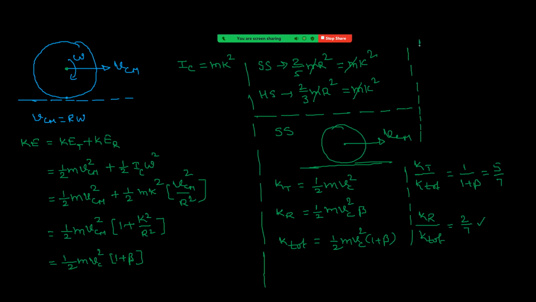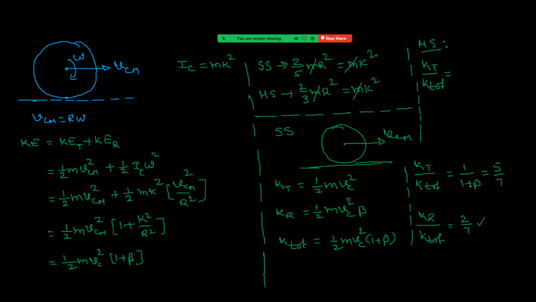For example, the question is for a hollow sphere, then what is the answer? Translation upon total value is 1 by 1 plus beta. What is the beta value for a hollow sphere? 2 by 3, right?